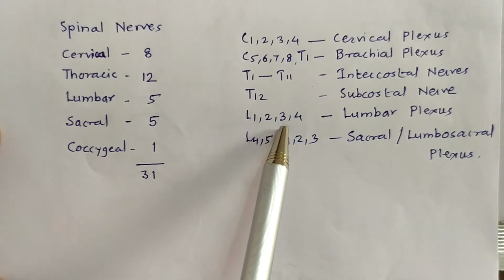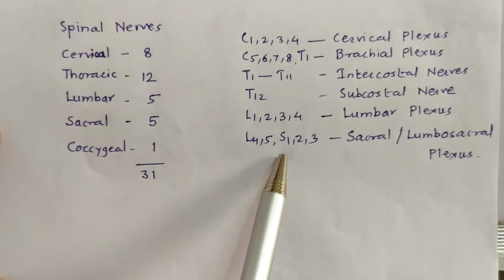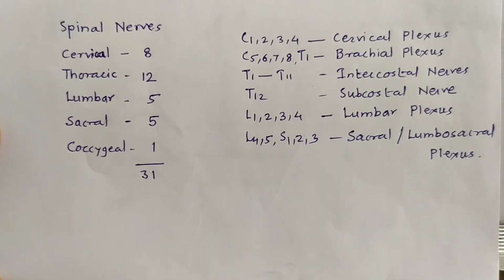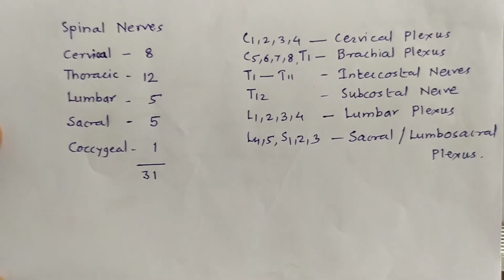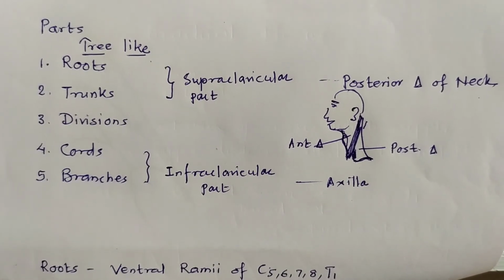Ventral rami of L1, L2, L3, L4 form the lumbar plexus, while the ventral rami of L4, L5, S1, S2, S3 form the lumbosacral plexus. Lumbosacral plexus is also called sacral plexus.